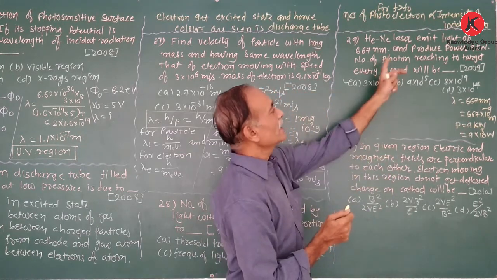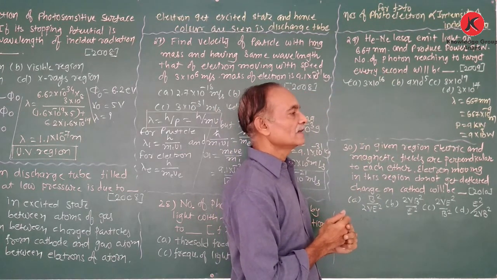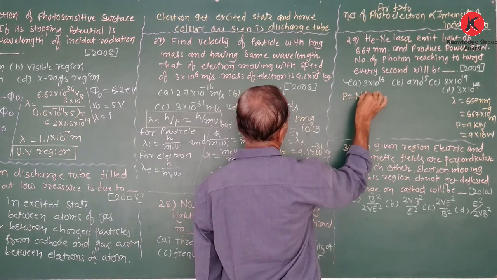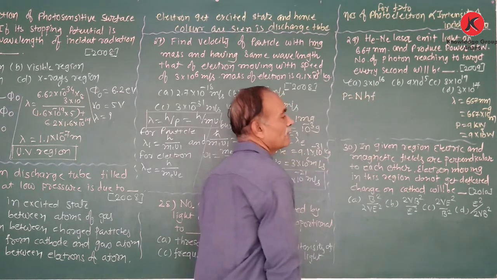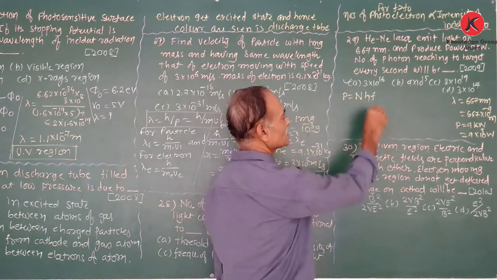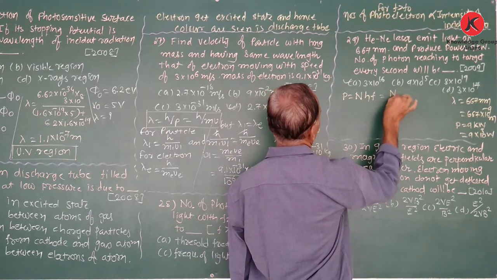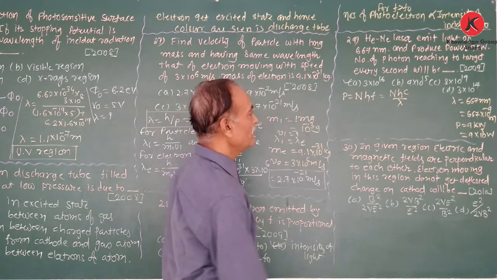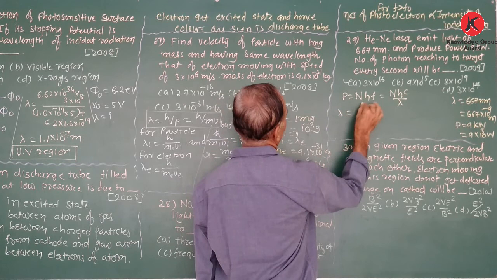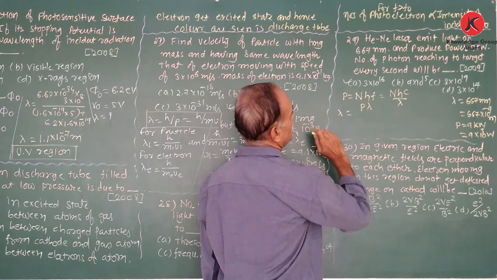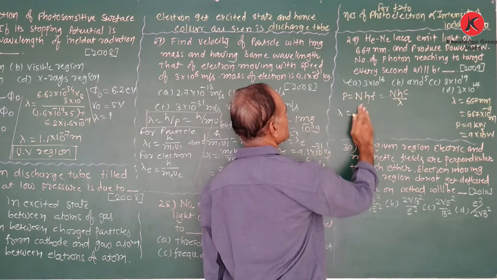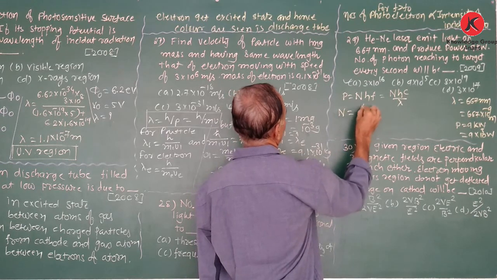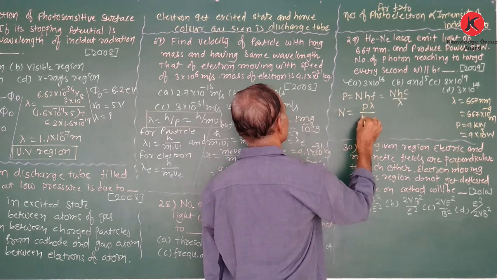Now we require the number of photons emitted per second. Therefore, power P is equal to NHf. But here the frequency is not given, wavelength is given, therefore P is equal to NHc upon lambda. So we require the number of photons produced, N is equal to P lambda upon Hc.